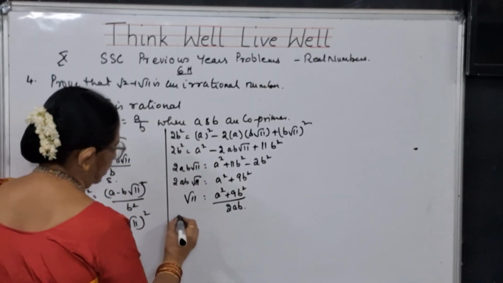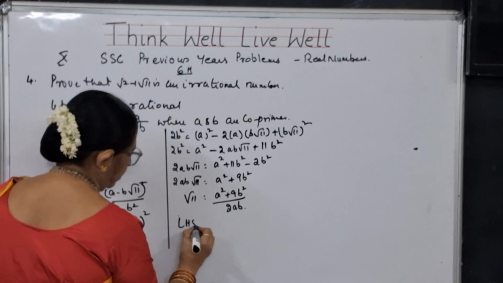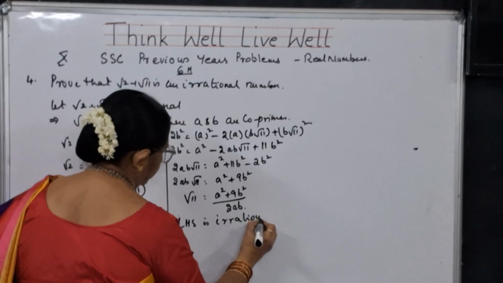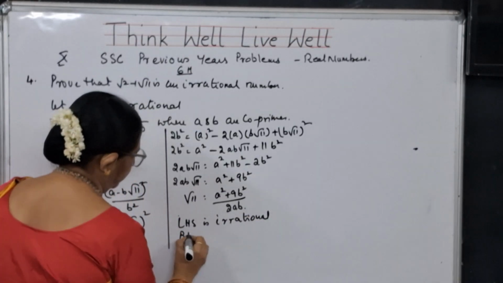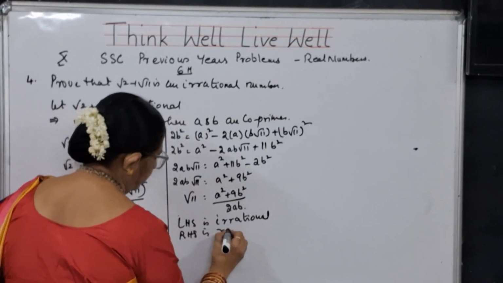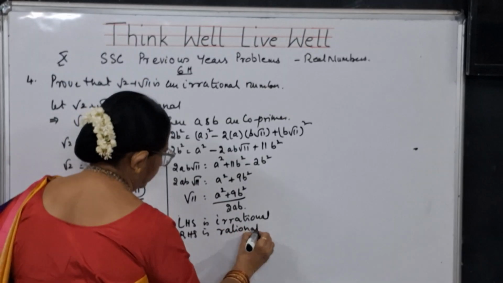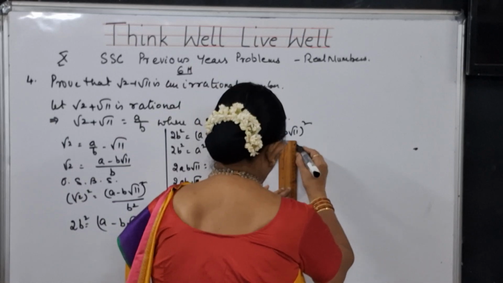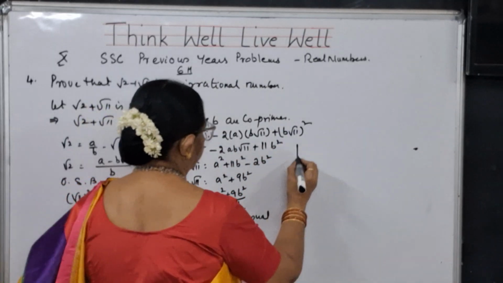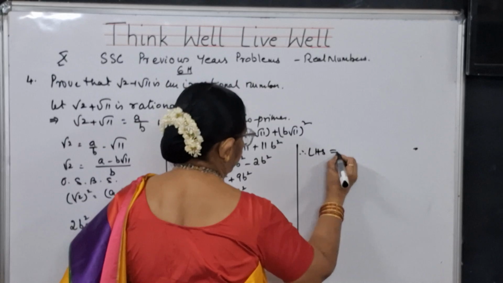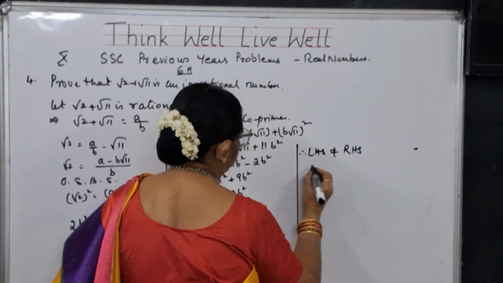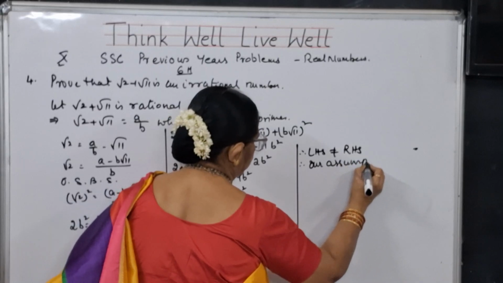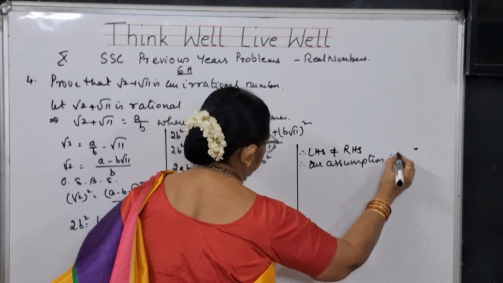So here once again, LHS is irrational, RHS is rational. So what can you say? Therefore, LHS is not equal to RHS. Therefore, our assumption is false.